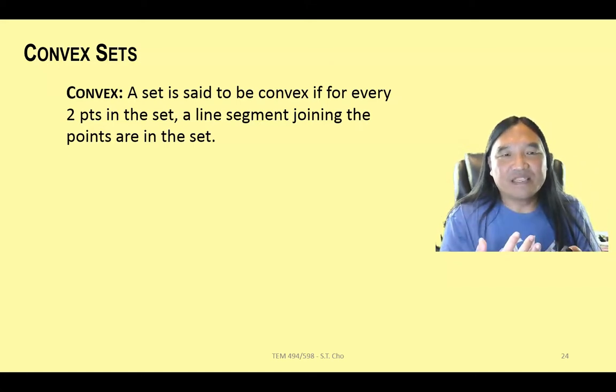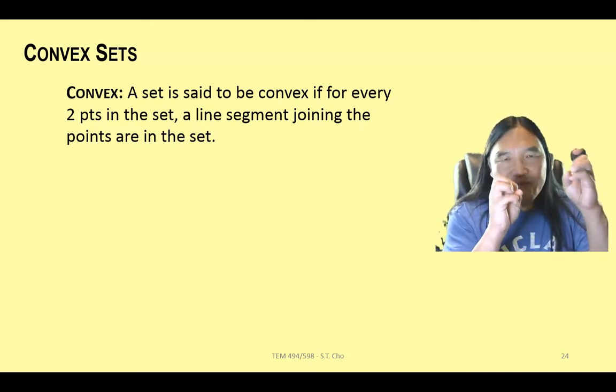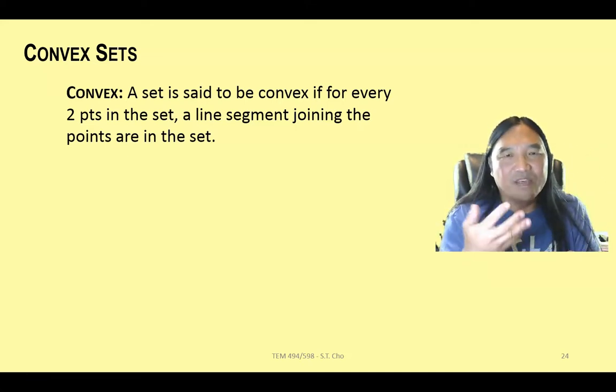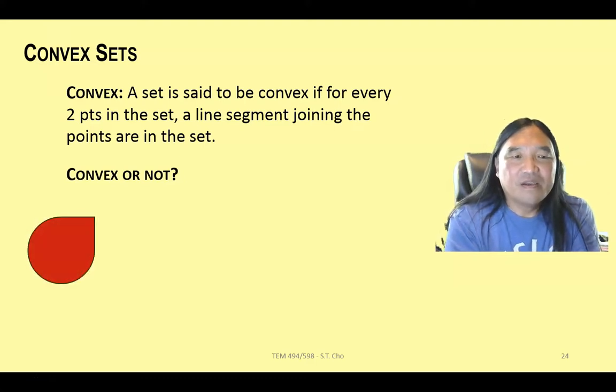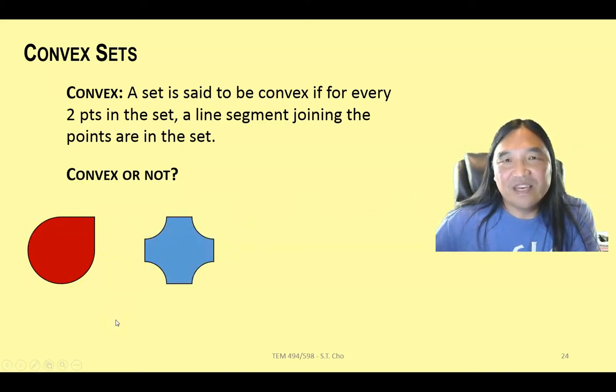And so a convex set means that if I draw 2 points and draw a line there, every point on that line is going to be within the closed set. Is that convex? Yeah, it is. Because if you sit down and think about anywhere where you put 2 points, you could draw a line through it. Is this convex? No, it's not.